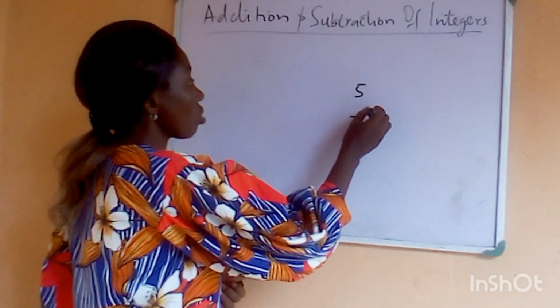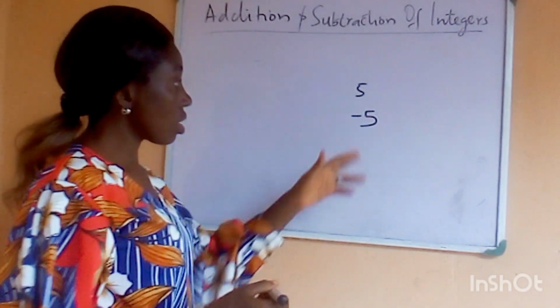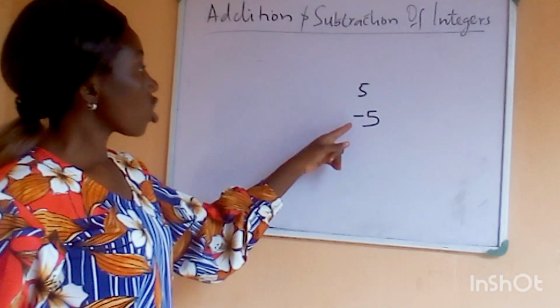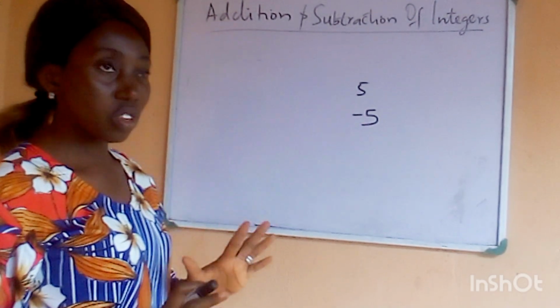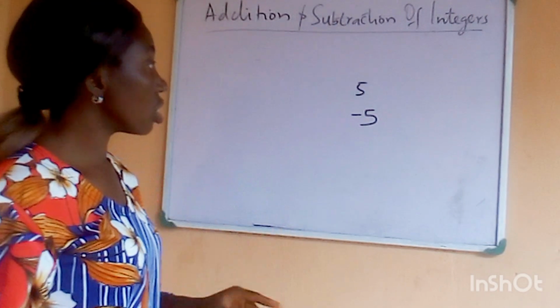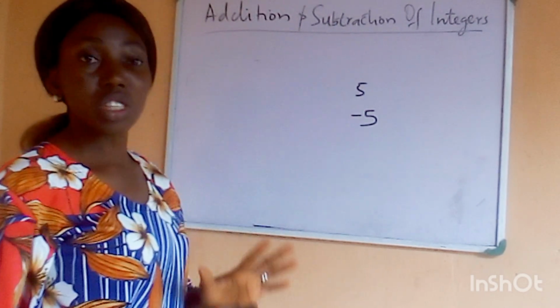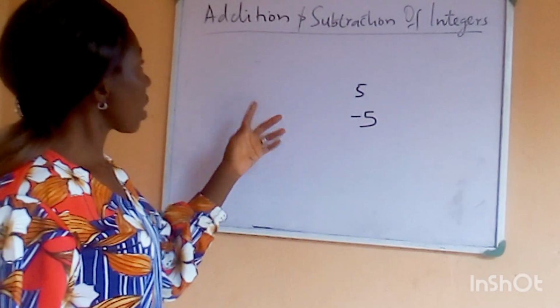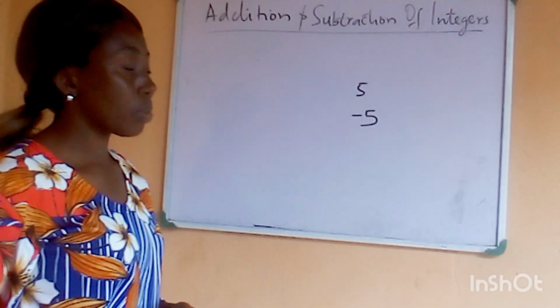If I put minus, we have minus 5. This is a negative integer. So any whole number that has minus before it is a negative integer, while the one that has plus is a positive integer. So we'll be looking at how we can add and subtract them.